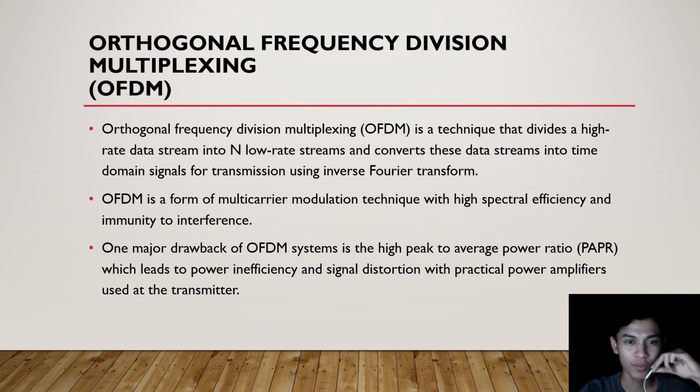OFDM is a form of multi-carrier modulation technique with high spectral efficiency and immunity to interference. One major drawback of OFDM systems is the high peak to average power ratio, or PAPR, which leads to power inefficiency and signal distortion with practical power amplifiers used at the transmitter.